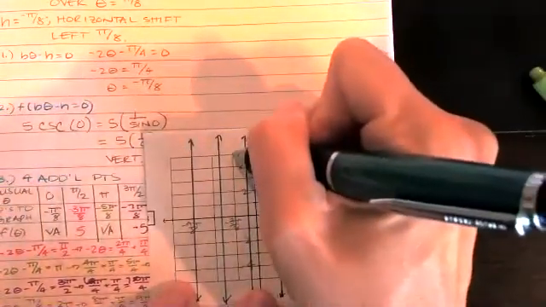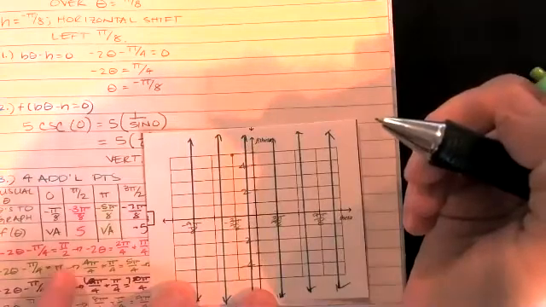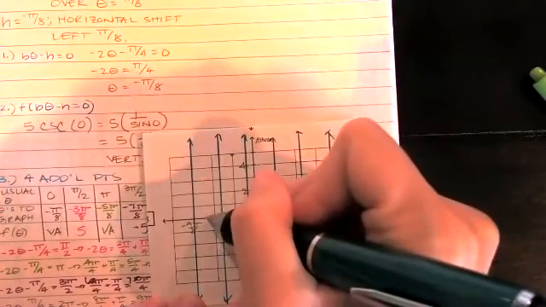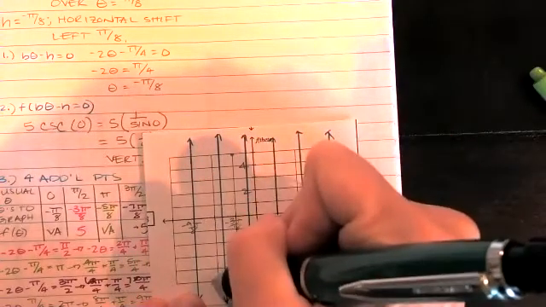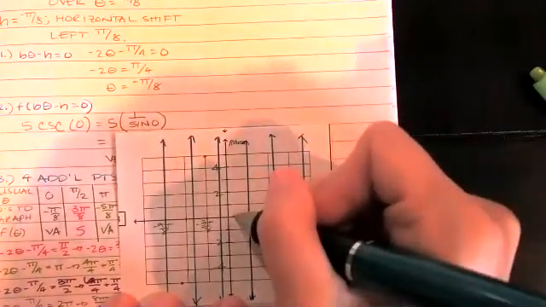Negative 3 pi over 8 is positive 5, so that's going to be way up here. And then negative 7 pi over 8 is going to be 6, 7 here, negative 5. And then we have a vertical asymptote. So this one should be down here, halfway in the middle of this.